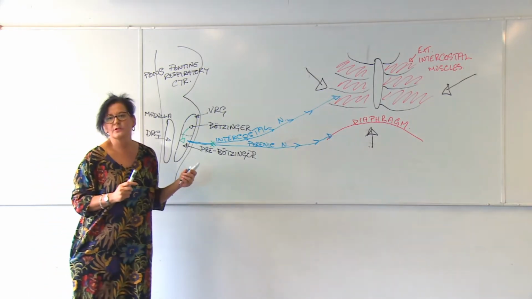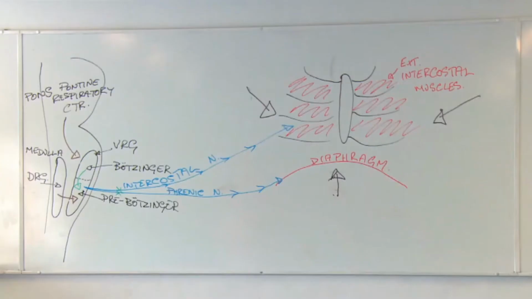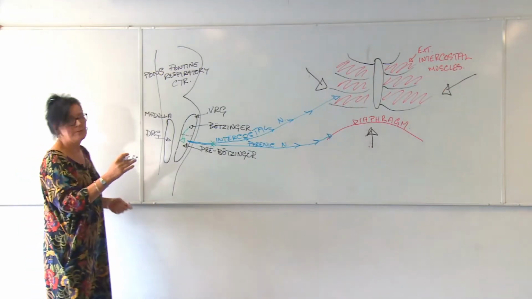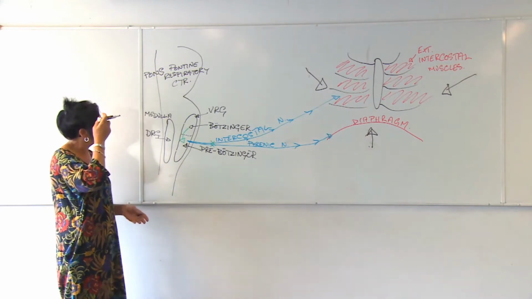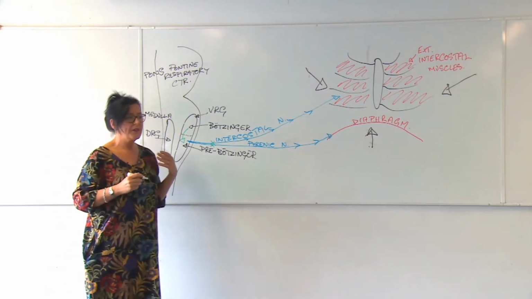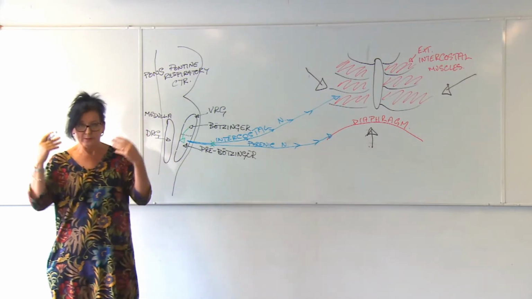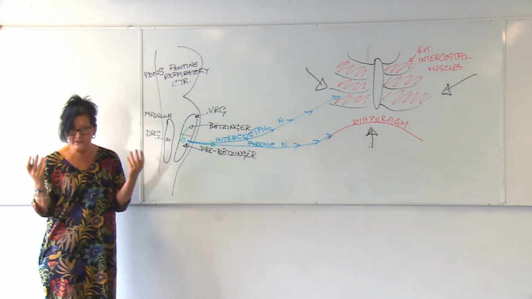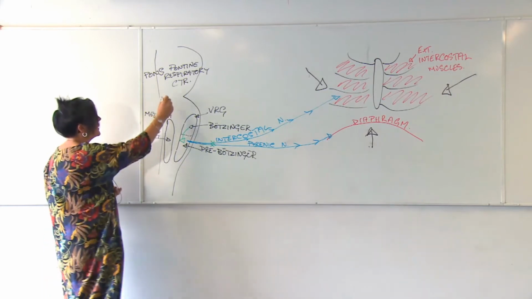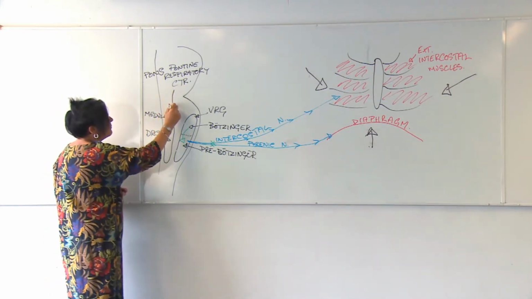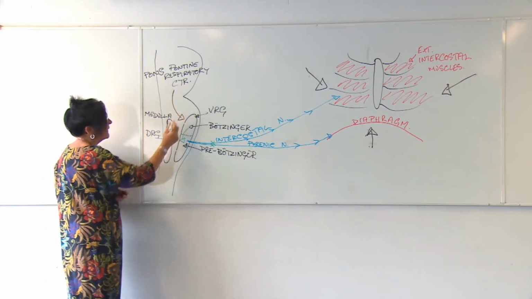When we start to talk about regulation, what we're talking about is these other respiratory centers. So remember we have the pontine. Now the pontine is all about the phase alteration to allow for speaking. I'm doing it now. My pontine respiratory center is allowing me to do this. So we have modulation coming in there.